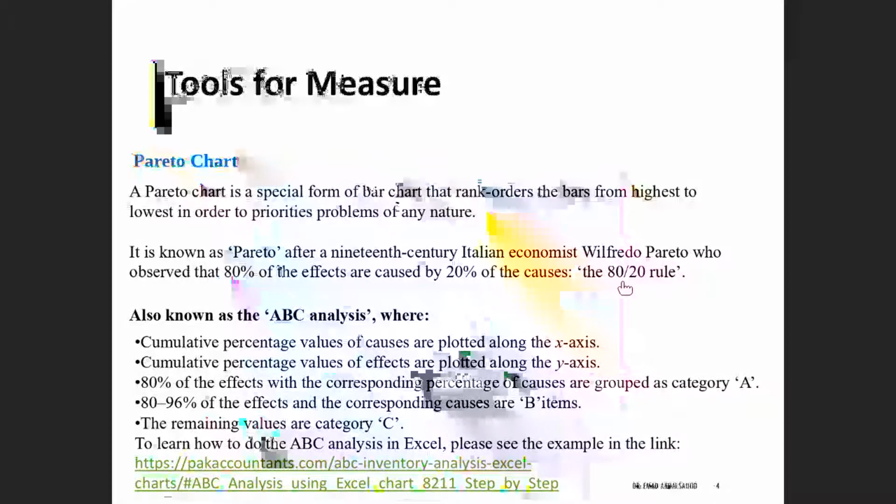What does it mean? Let's take an example. If I collect the students' complaints at the end of the class, and I ask them what the causes of their complaints were, why they are complaining about a class.